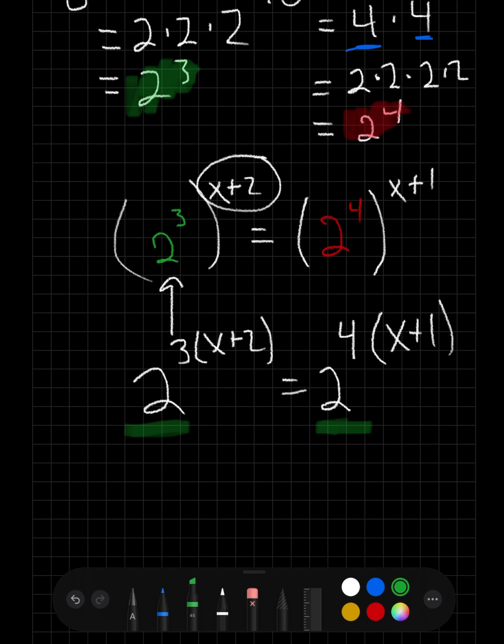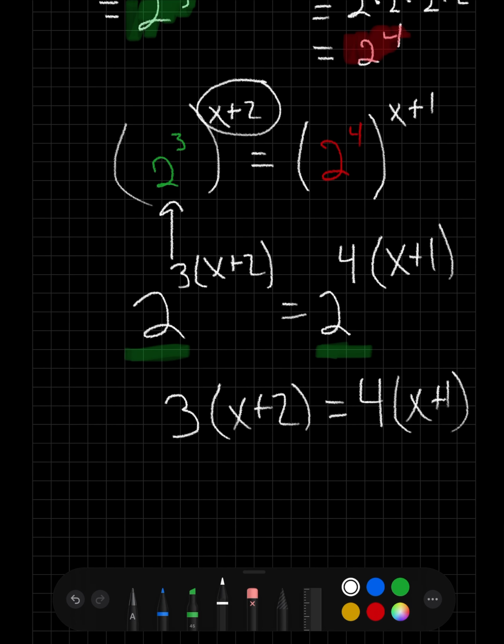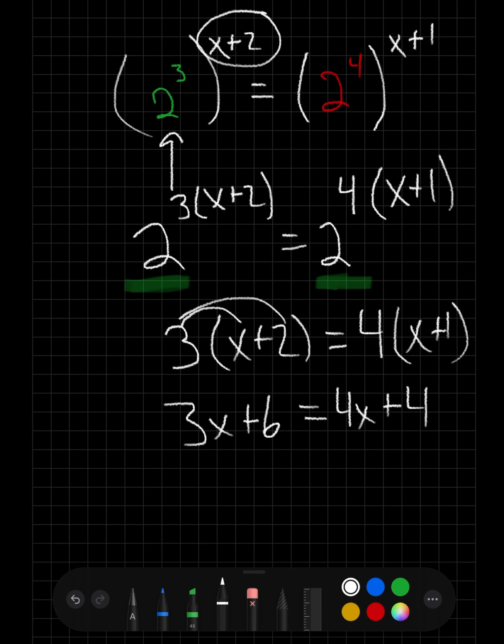And just like we had before, I now have the same base, 2 and 2, and so I can set this equal. I can say 3 times x plus 2 has to be equal to 4 times x plus 1. And then I can distribute: 3x plus 6 equals 4x plus 4.